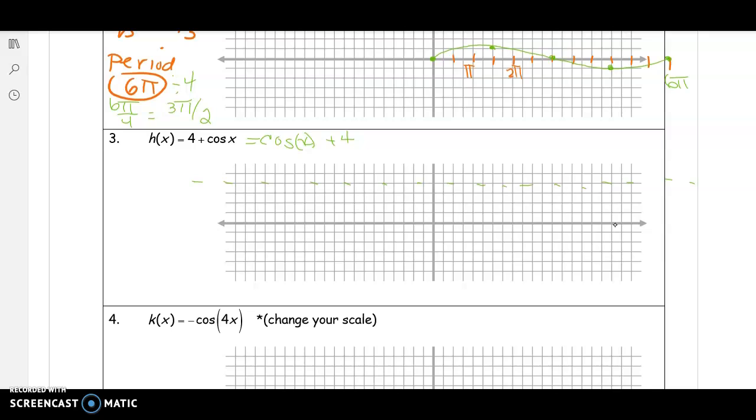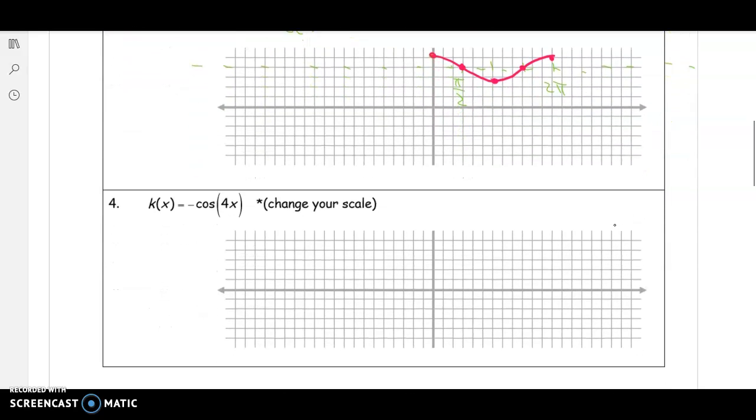Cosine always starts 1 above and then goes to 0. I'm going to make every tick 3 pi over 2. So this is 2 pi here. 1 above, back to normal, 1 below, back to normal, 1 above. So this is 1 period. I know that the direction said 2, but we're just focusing on 1 right now.